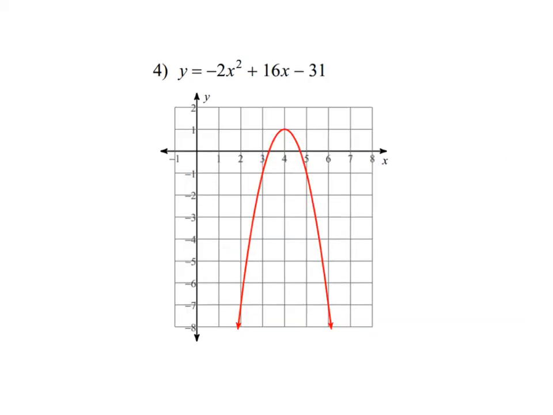Now here's one that's a little different. What I'm seeing is it does come up, it crosses the x-axis there, it crosses the x-axis there. But those aren't nice integer answers. I suspect they're going to be kind of miserable decimal versions. But still, there are 2 real solutions.